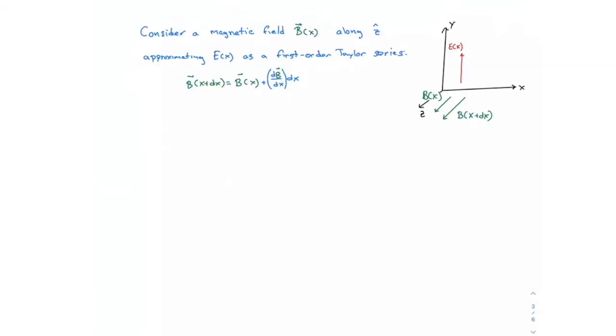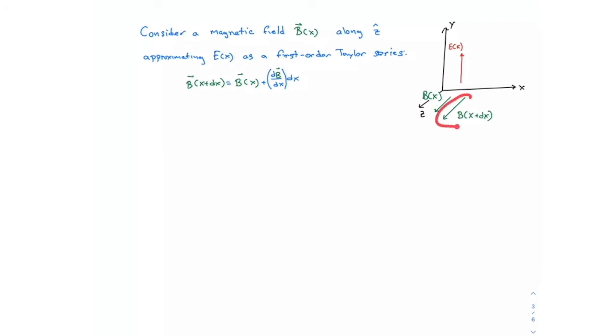Well, I can do something very similar with the magnetic field that was pointing in the z direction. I will assume that it's varying along x, but is pointing along z, as I drew it on the previous slide. And again, I'm going to approximate that changing magnetic field along x as a first-order Taylor series expansion of the magnetic field.